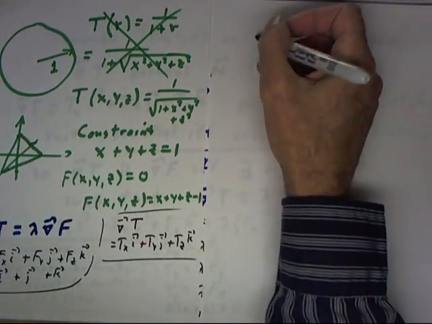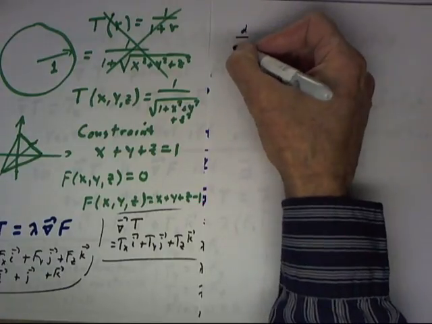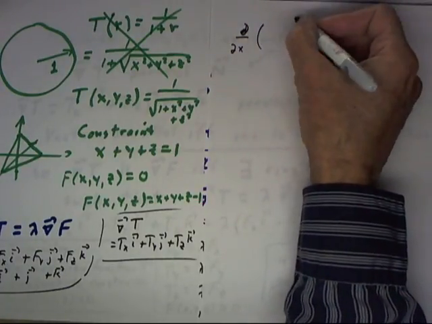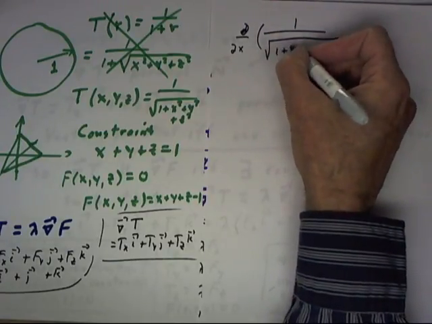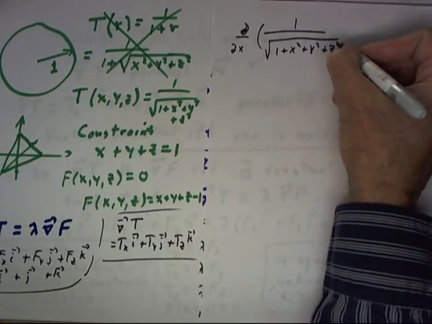So what we want is the partial derivative with respect to x of 1 over the square root of 1 plus x squared plus y squared plus z squared.